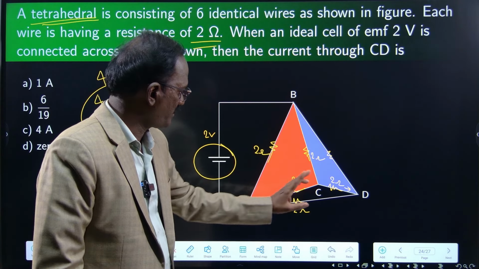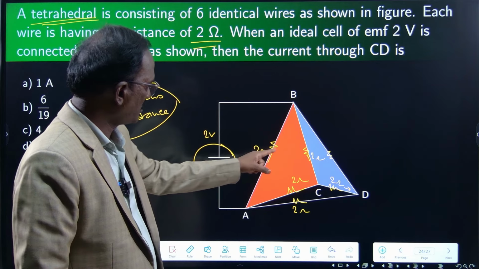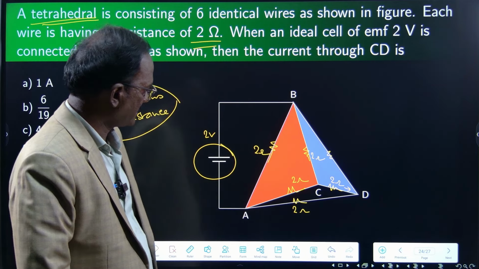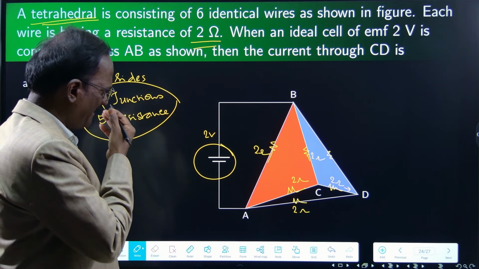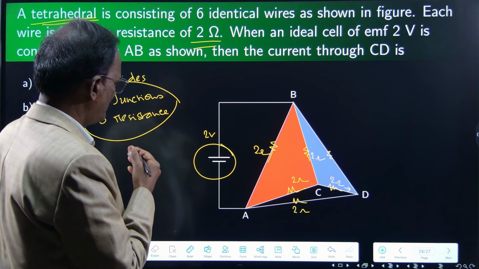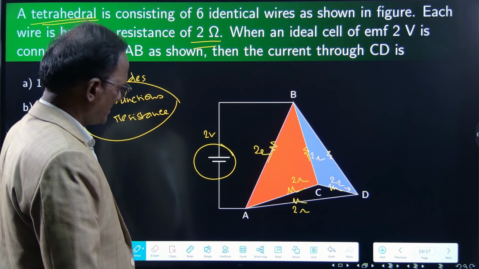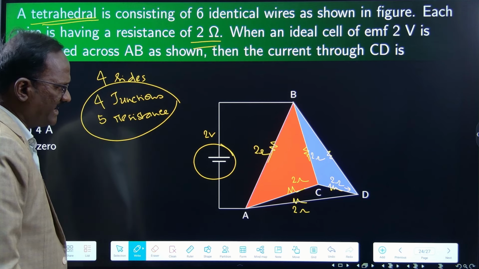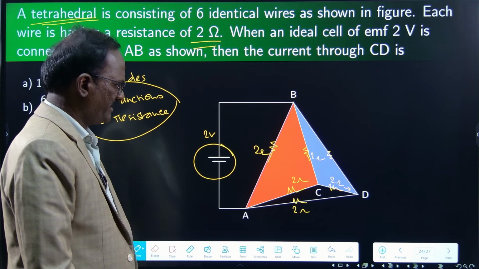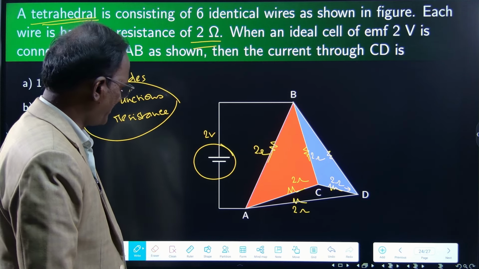Here there are 6 resistances, and A and B also has 1 resistance given, right? So let us redraw it and verify whether a Wheatstone bridge arrangement is coming.